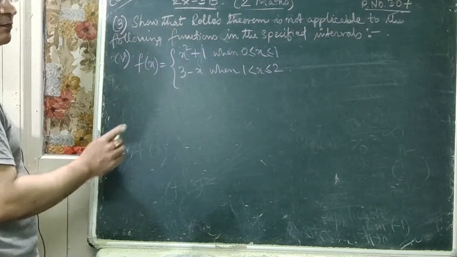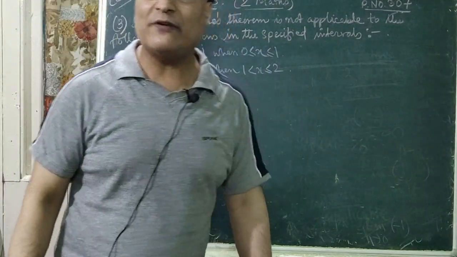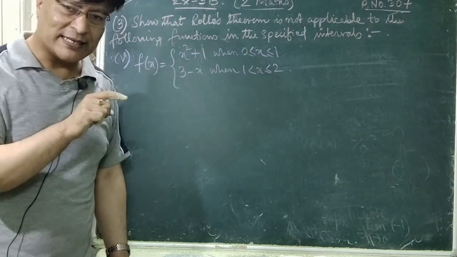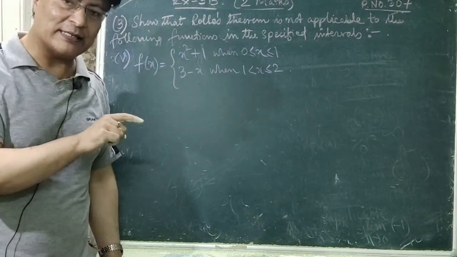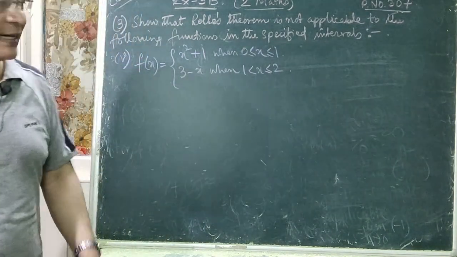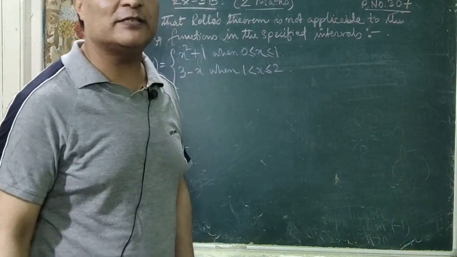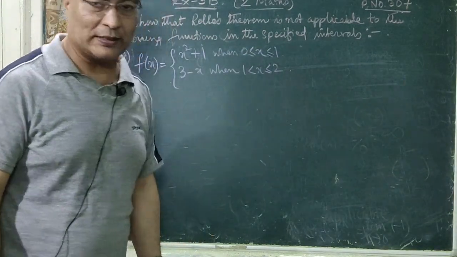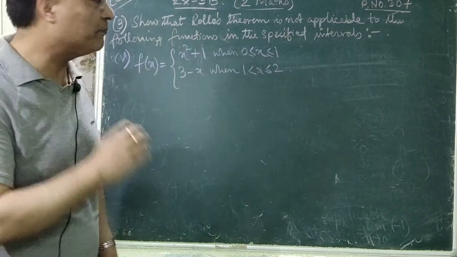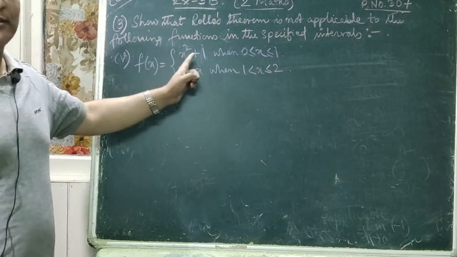You know that in order to check whether the given function f of x is differentiable or not, you have to get the value of the right hand derivative and the left hand derivative. If both of these are equal at x is equal to 1, then the function f of x is differentiable at x is equal to 1. Then it is obviously continuous at x is equal to 1. So let us check first the differentiability of the function at x is equal to 1.